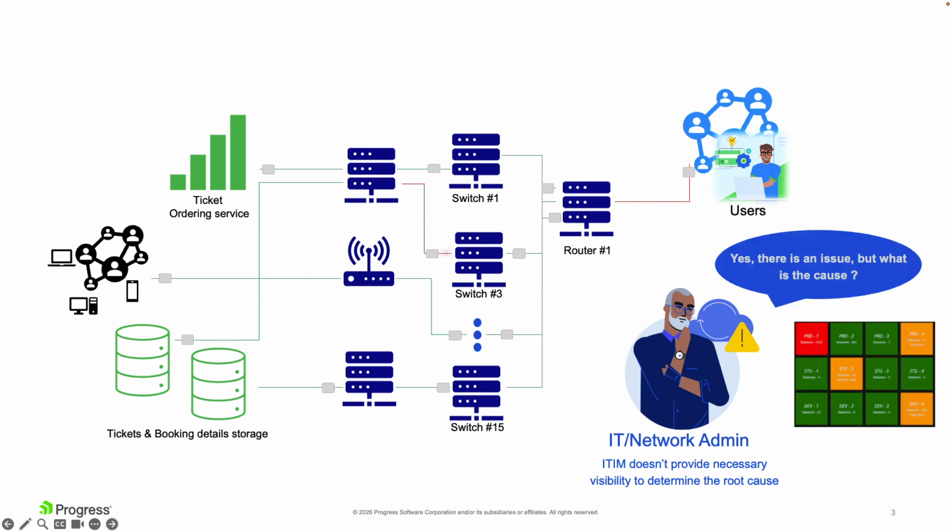How will you be able to find the root cause? And more importantly, how quickly will you be able to find the root cause for the issue to maintain the business operation and make sure that basically the whole network is running smoothly? So that's one challenge that today's teams have to deal with.